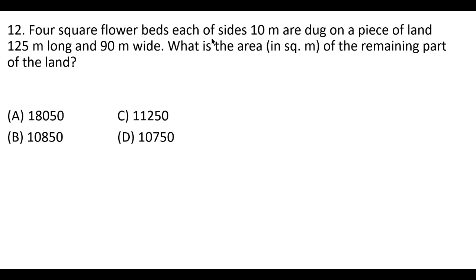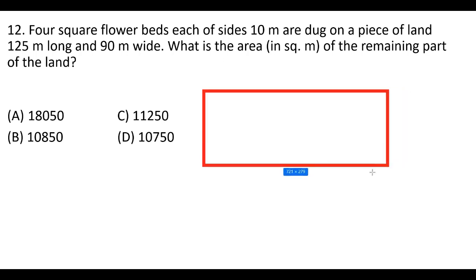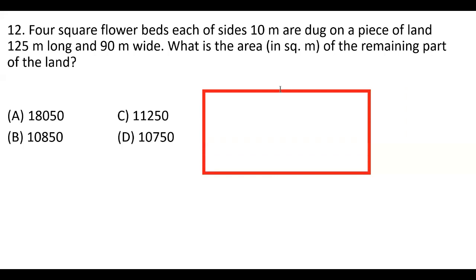Four square flower beds, each of side 10 meter, are dug on a piece of land, 125-meter long and 90 meters wide. What is the area in square meter of the remaining part of the land? So here we have, let's say, a piece of land, which is 125 meters long and 90 meters wide. Inside this, we have four square flower beds.